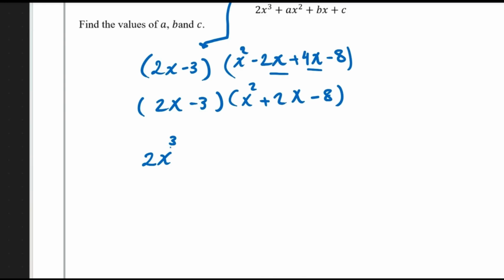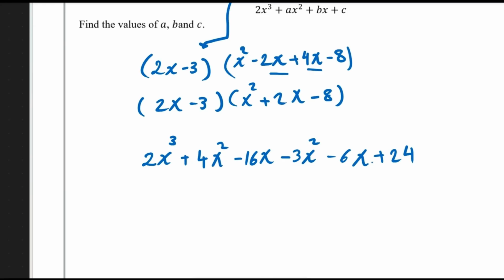And 2x times 2x is 4x squared. And 2x times minus 8 is minus 16x. Then jump to the minus 3 part here. It would be minus 3 times x squared, minus 3x squared, and minus 3 times 2x would be minus 6x, and minus 3 times minus 8 is plus 24.